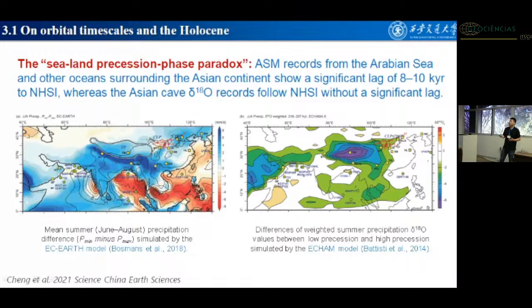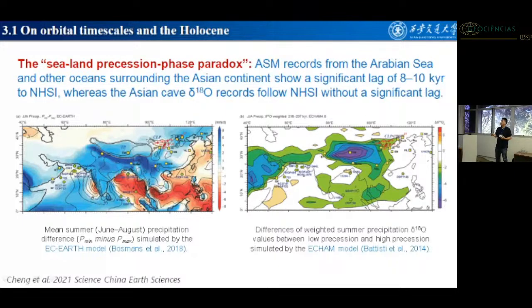We can see northern China and the Indian continent have more rainfall. It's wet, but South China, the East China Sea, the South China Sea, and also the Bay of Bengal and Andaman Sea are dry. So there should be about a 9,000 year lag between land and ocean.